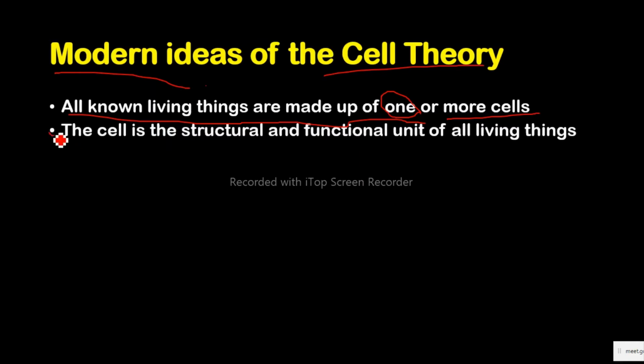Then they were also able to postulate that the cell is a structural and functional unit of all living organisms. I think that's what we know right now. All the physiology, that's why I told you, all the life processes that enable you to survive, they take place within a cell.